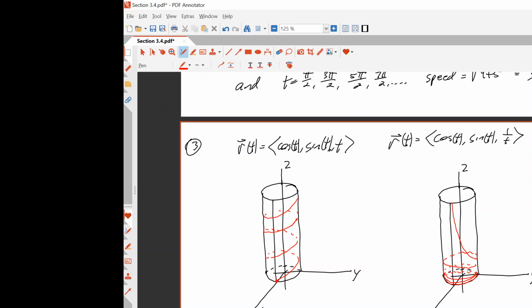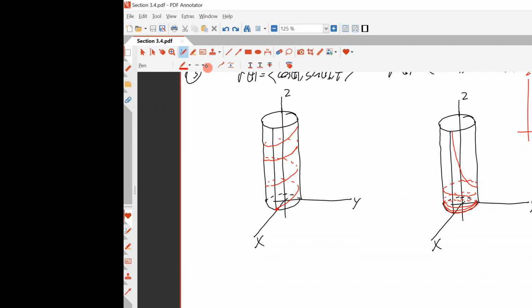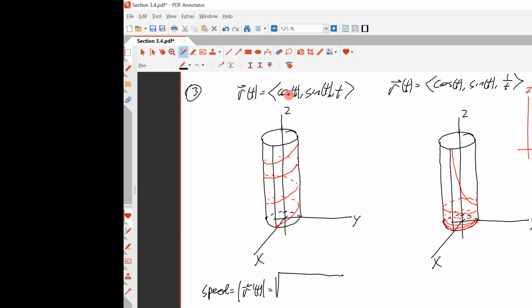So what do we have for speed? Actually, let me leave that picture there. Here, speed is equal to the length of r prime of t, which is, well, the derivative of this is minus sine t, so it's just sine squared t.